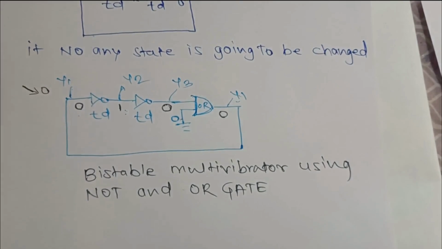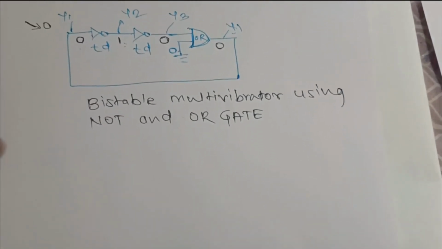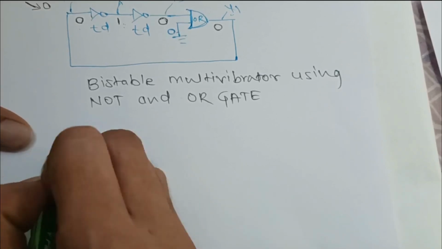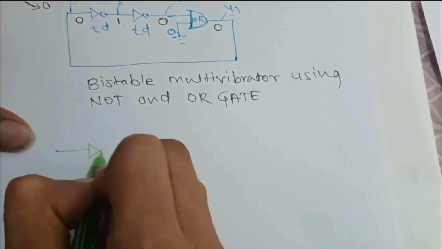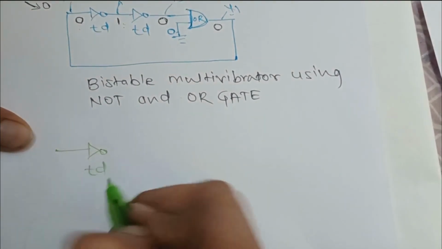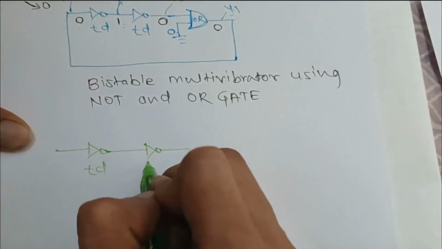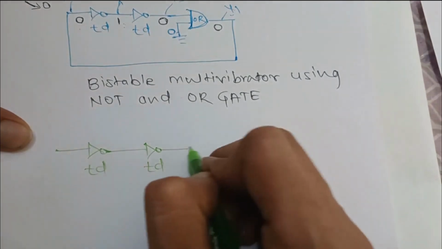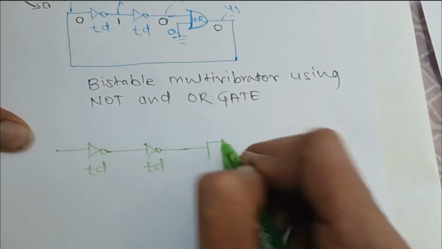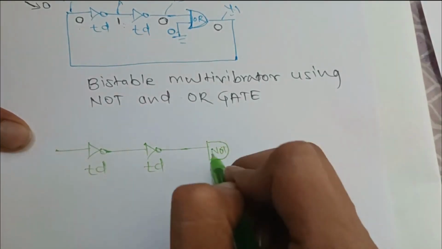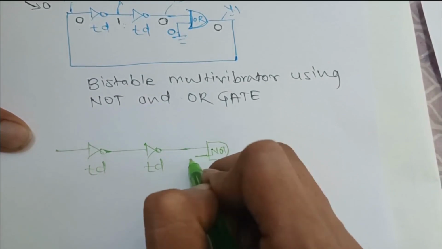If you want to generate a bistable multivibrator using NOT and AND gate, how can this be done? Suppose this is our NOT gate having TD as a time delay. This is another NOT gate, also having TD as a time delay. One more gate is a NOT, and one of the inputs is given as 1.